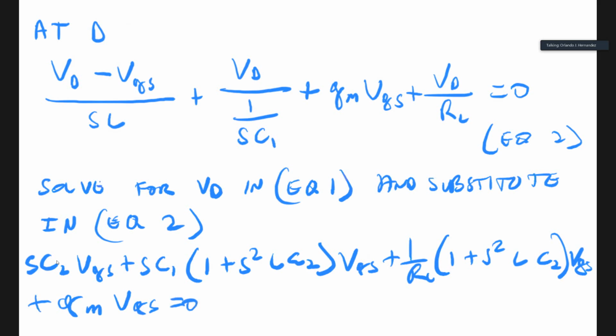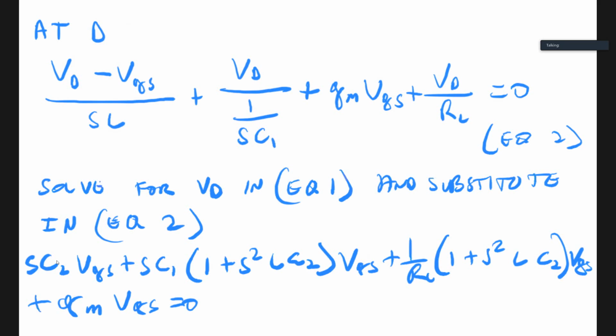Notice that VGS, the input, which is the same as the output because it's an oscillator, is in every term. So we can divide by VGS and get rid of it, and essentially we're getting the characteristic equation, the loop gain equation of the system.